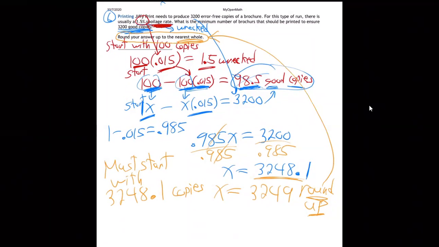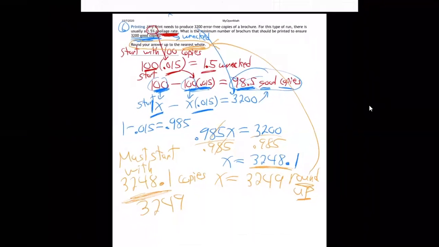That's what we're concluding. Well, how do you start with 3248.1? You can't. So you have to round that up. Does that make sense? It's not a math thing, it's a real life thing. You can't start with 0.1. And you say, well, yeah, but it would round to 3248. Well, if you start with 3248, you're going to come out with too few, right? You need exactly 3248.1.